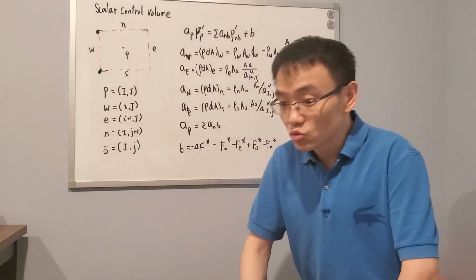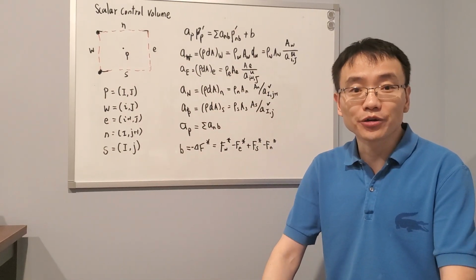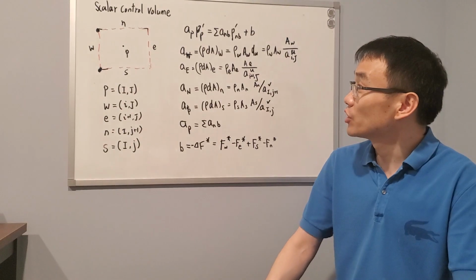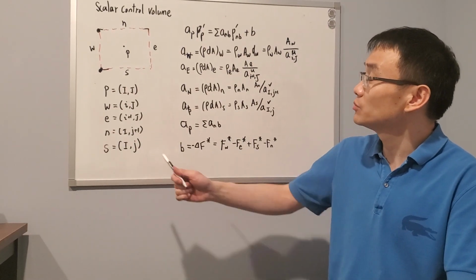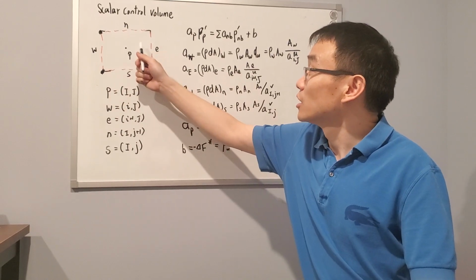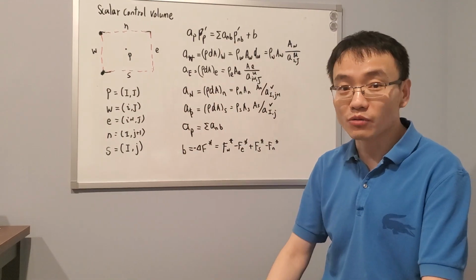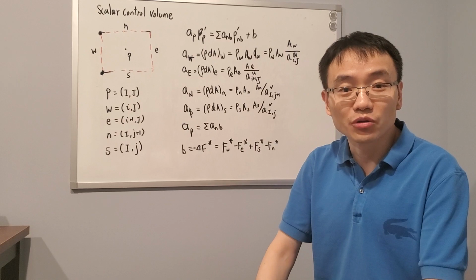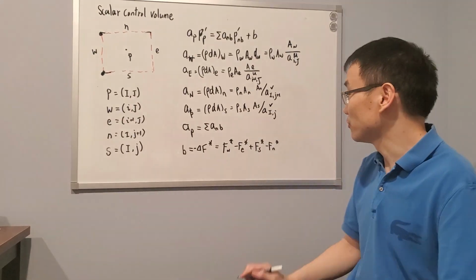So one advantage of having staggered meshes is that for this P prime control volume, we readily have all velocity components available on the faces directly, so that we do not really need to do any interpolation over there.